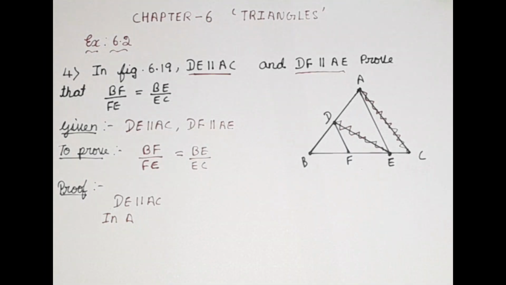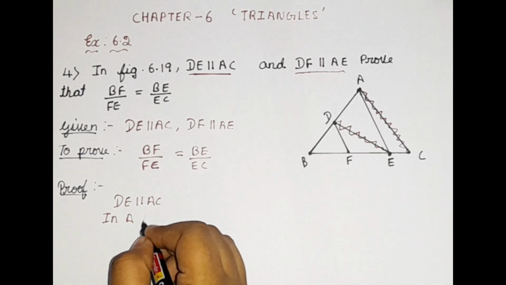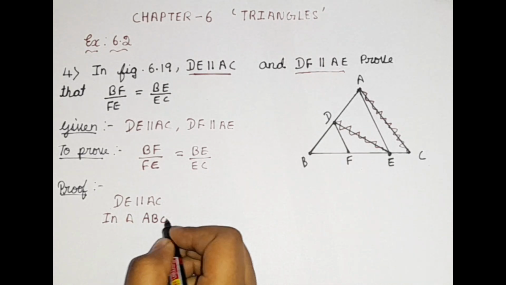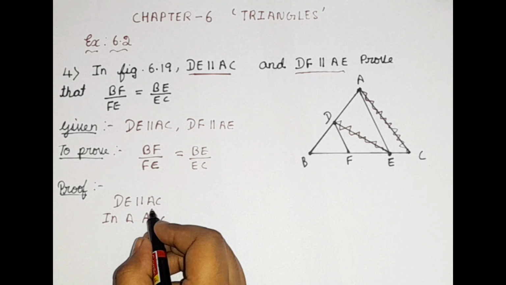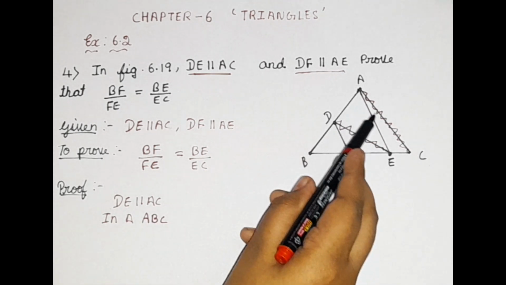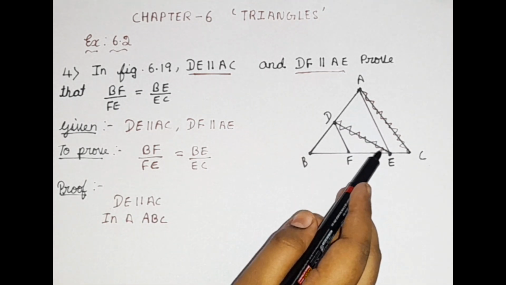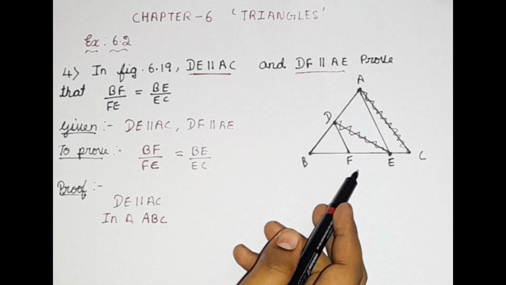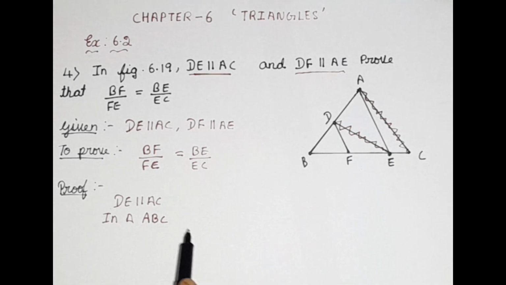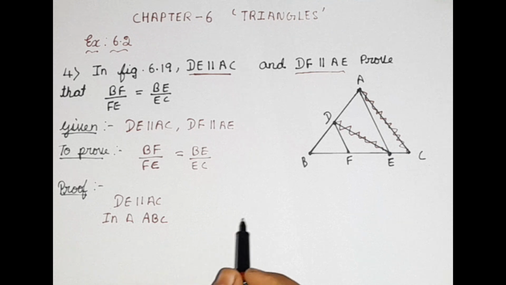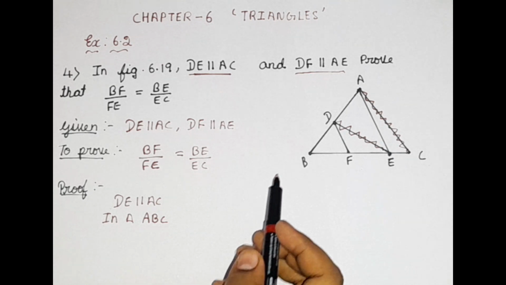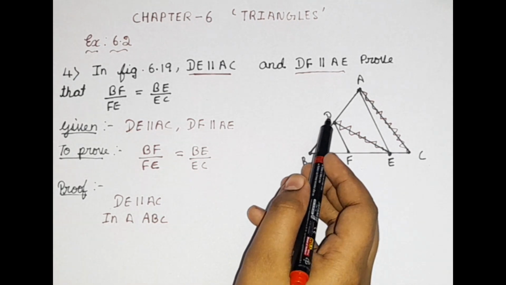So in triangle ABC, we have DE as well as AC. I just marked them with red color. Okay, so in triangle ABC, now we are supposed to use the basic proportionality theorem. In basic proportionality theorem, how we used to write is BD by DA.